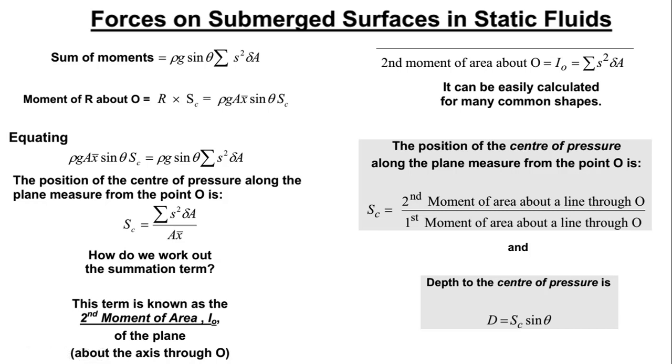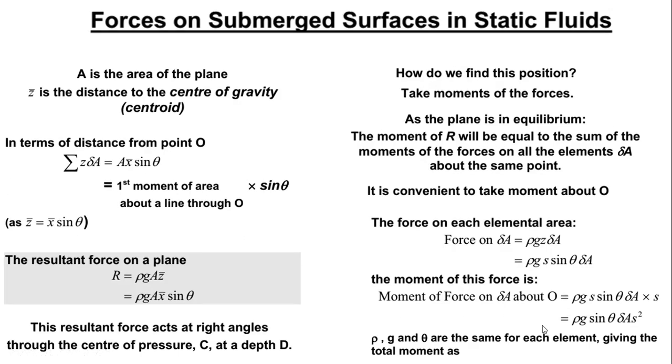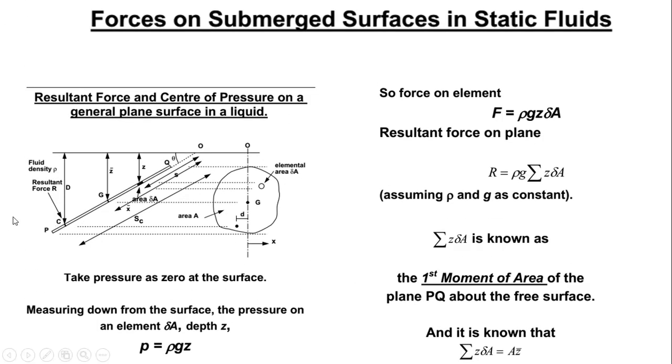Then to calculate the depth of the center of pressure, what we need to do is to use D is equal to SC sine theta. If we come back to the diagram, we've managed to find this SC.